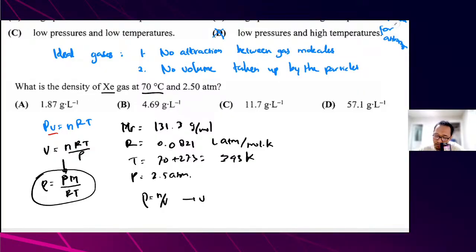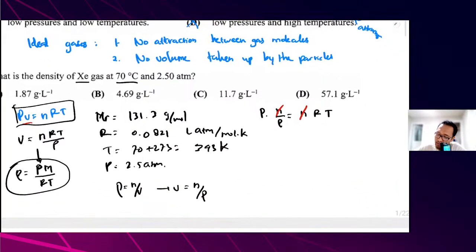V is n per rho. If you use this equation, you have P, pressure, and then n per rho equals n R T, and then you can cancel out the n itself.